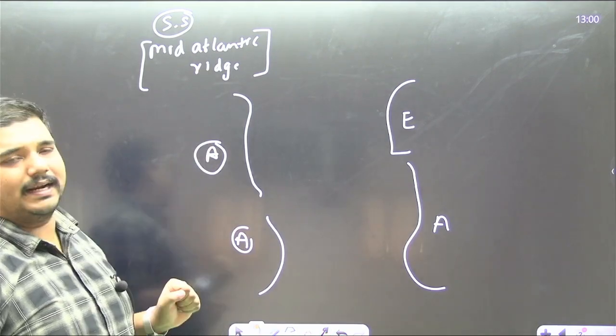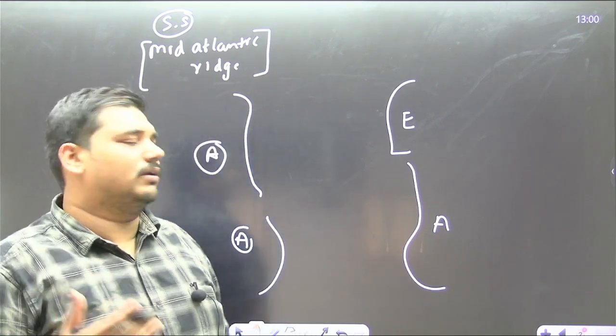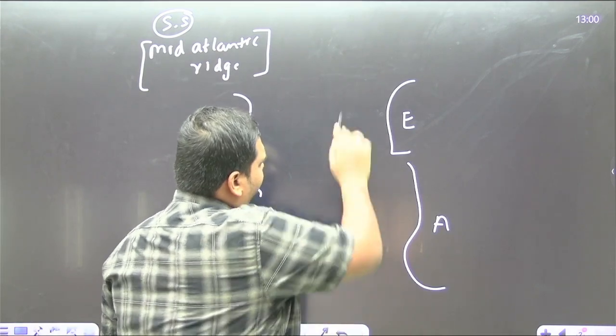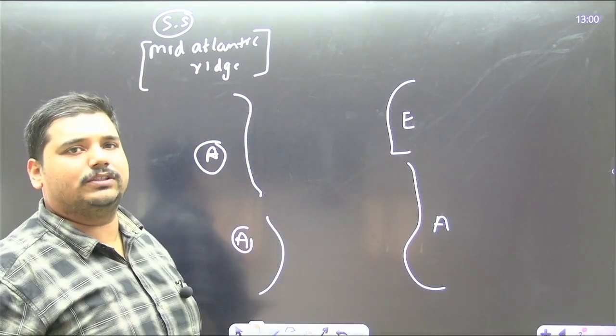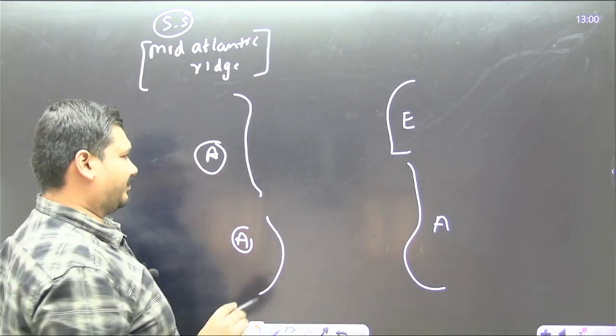So, what are mid-Atlantic ridges? Ridges are small hills found along the longitudinal extent of the Atlantic Ocean.